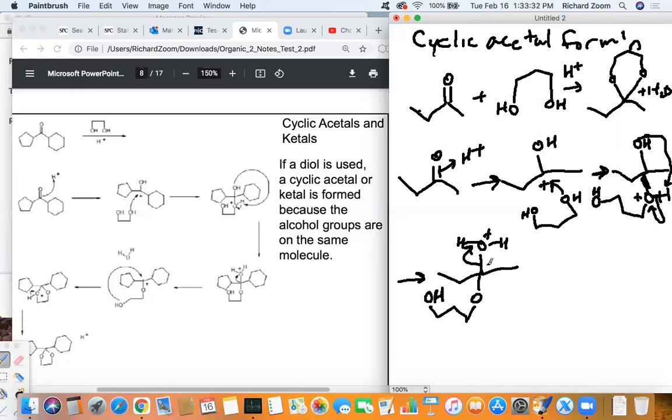Then the water can come off, and that's how that OH group ultimately leaves, leaving a positive charge on that C.